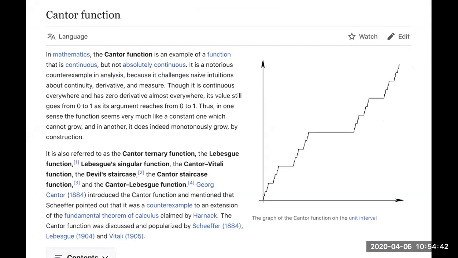Although it doesn't look like it, this function is almost everywhere constant. Those points where it's jumping are only countable, and on the complement of that, the derivative of this function is 0.